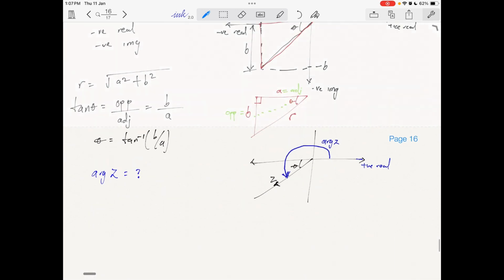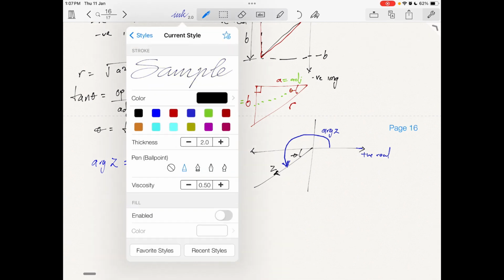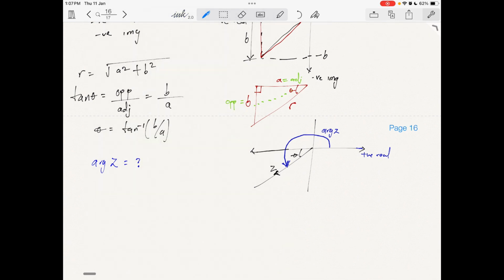Okay, now in this case, what is our argument z? We know that the angle on a straight line is 180 degrees, right? So that means our argument z is equal to 180 degrees plus the remaining angle here, theta.